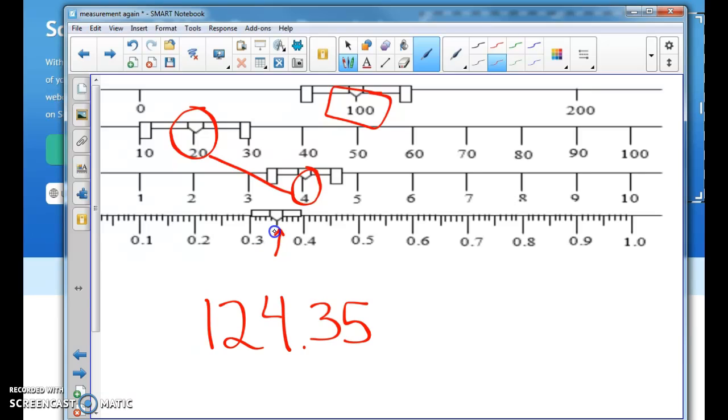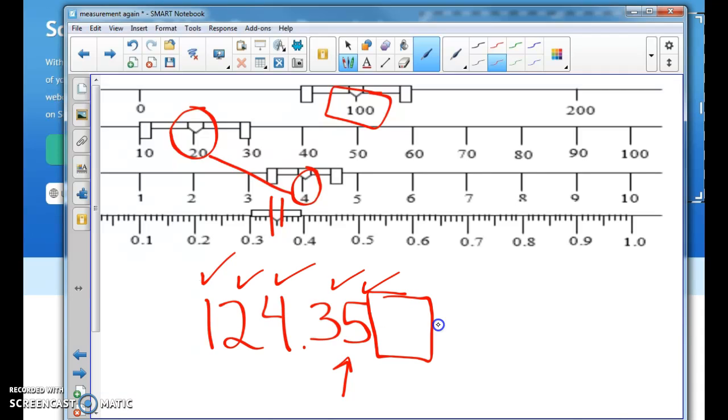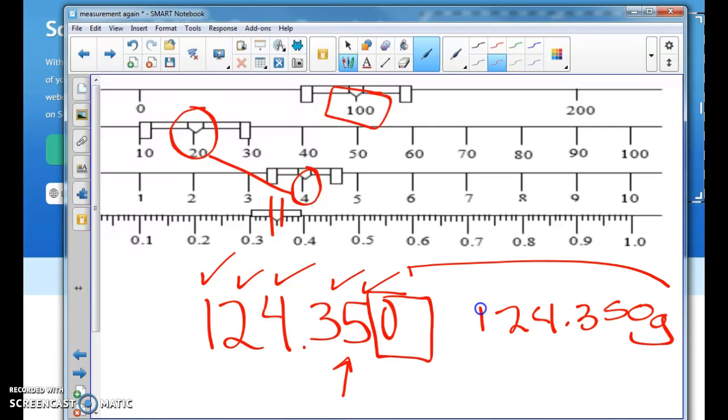Now, I know that it's not past 6, and I know it's not 4, so I knew this was a 5. So I know these 5 values, so the last number must be a number that is estimated, and since it's right on the value, I put a 0. So 124.350 grams would be the measurement from this particular scale.